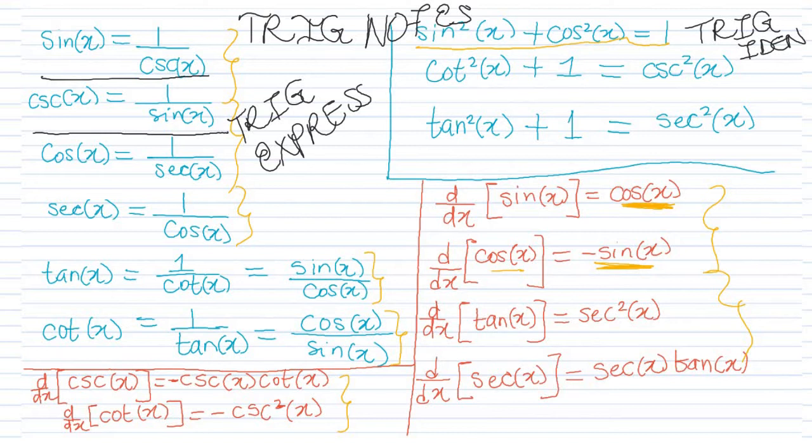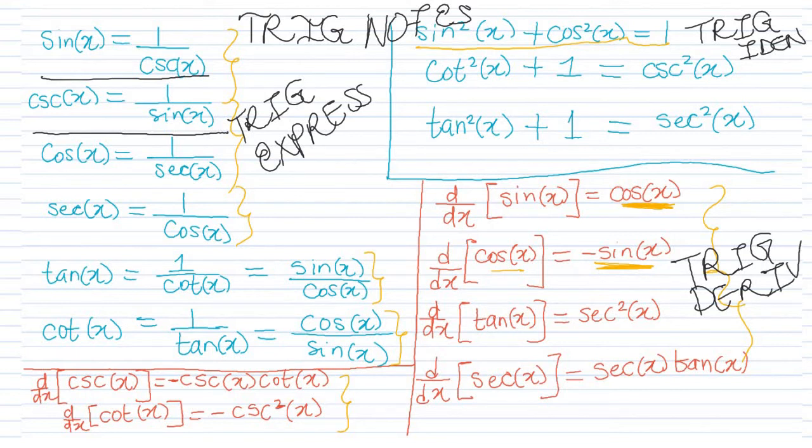All of this information in Trig Notes actually helps you a lot to simplify your work, as well as in situations where you have to substitute in order to simplify your work. Then everything else written in red marker just involves trig derivatives. So everything in red marker are just trig derivatives.